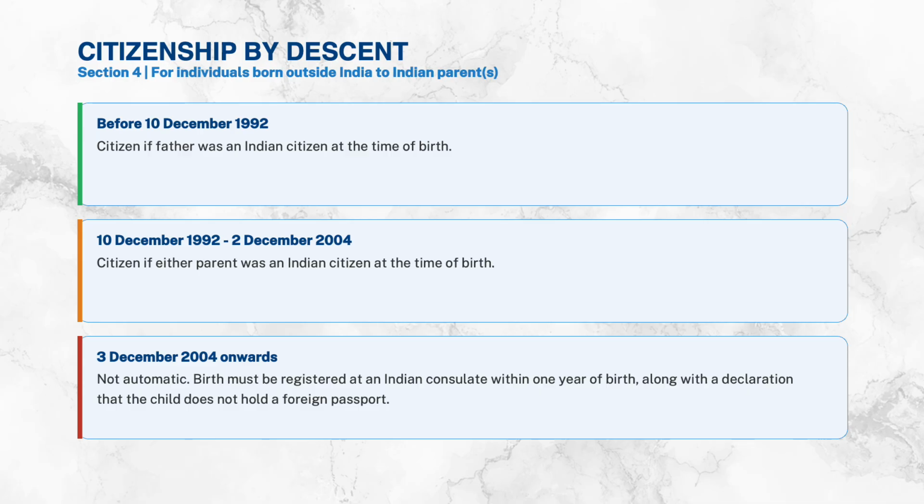Now, citizenship by descent. By descent means you descended down from your forebears. So, what is the rule for this citizenship by descent?